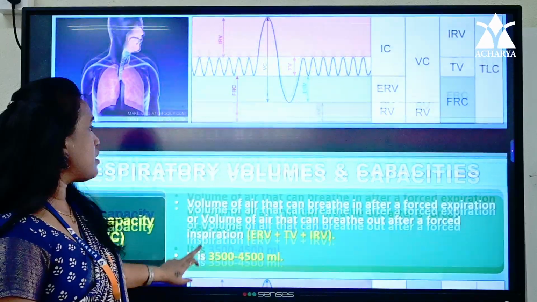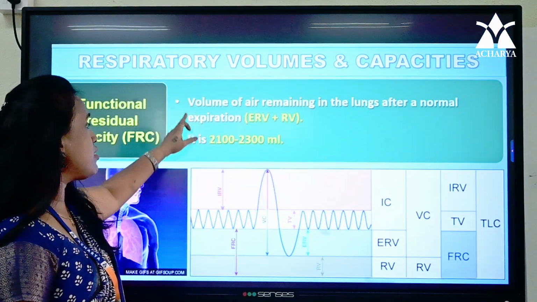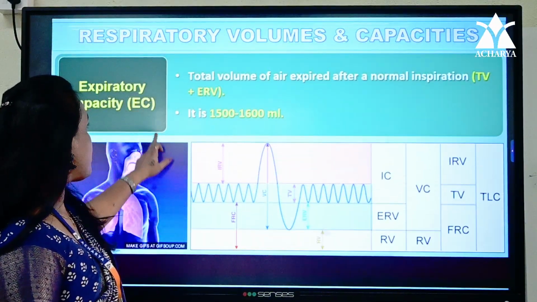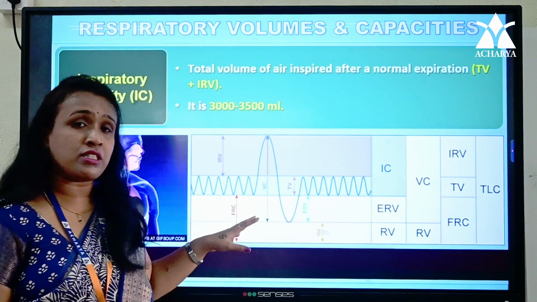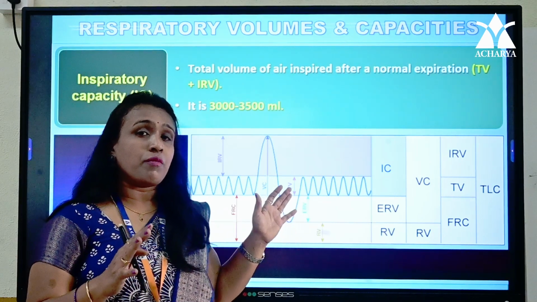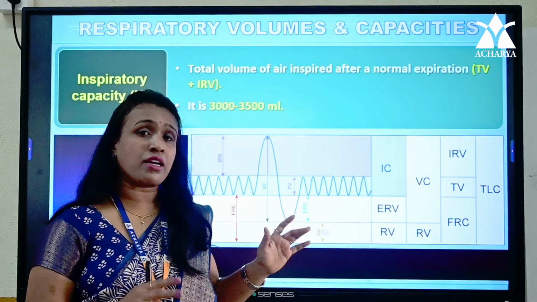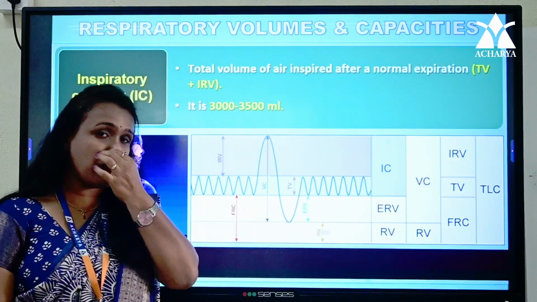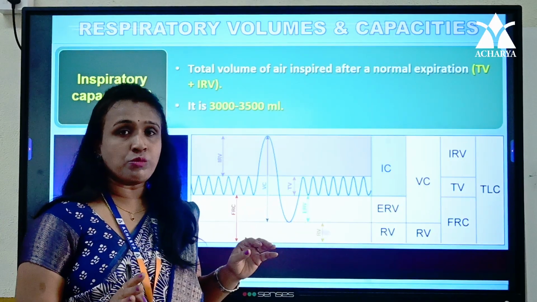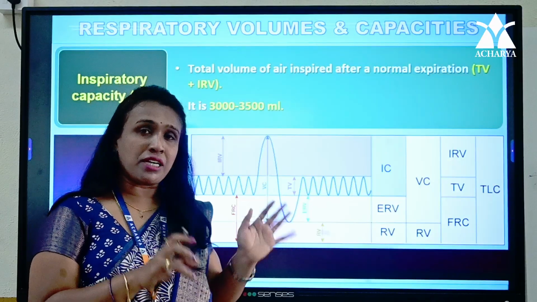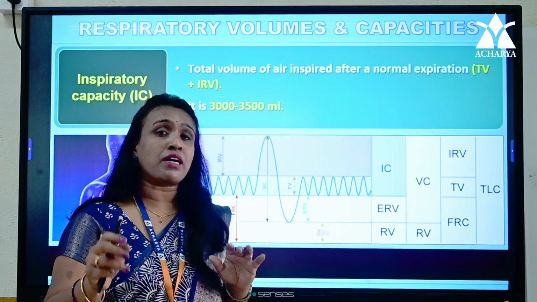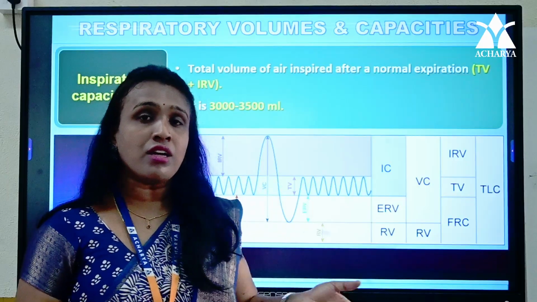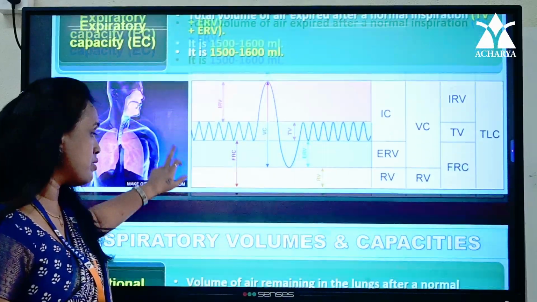So vital capacity, functional residual capacity and expiratory capacity, these respiratory capacities cannot be measured by spirometer but can be calculated using the respiratory volumes. So volumes can be measured, capacities cannot be measured but can be calculated using the respiratory volumes.